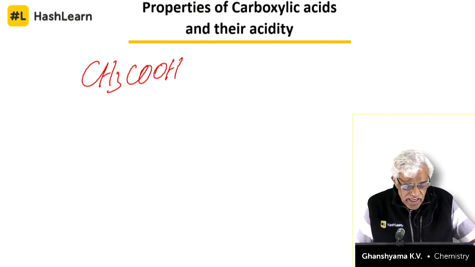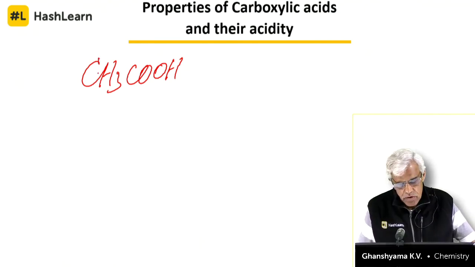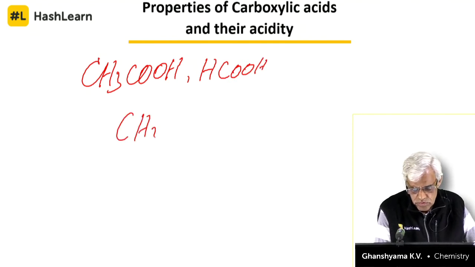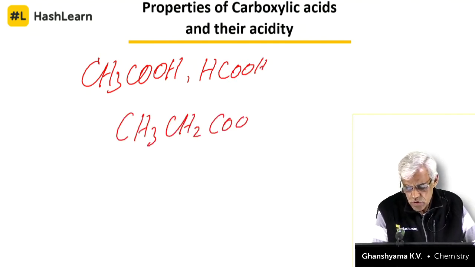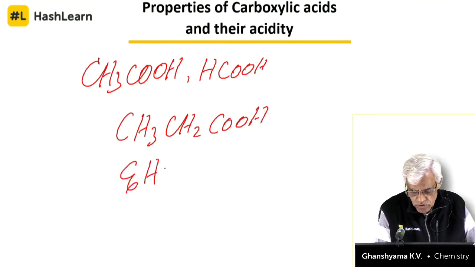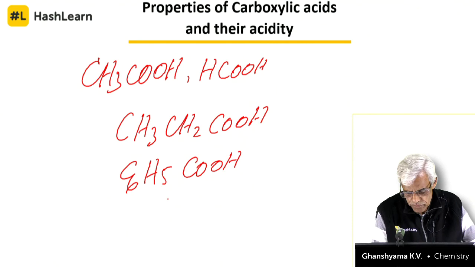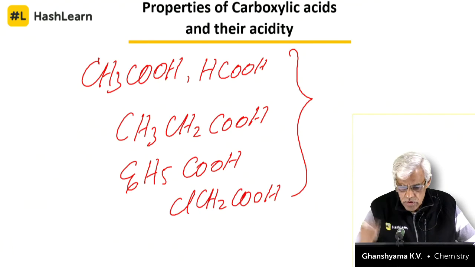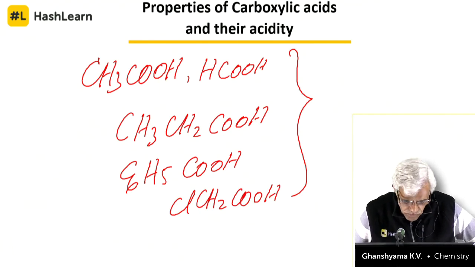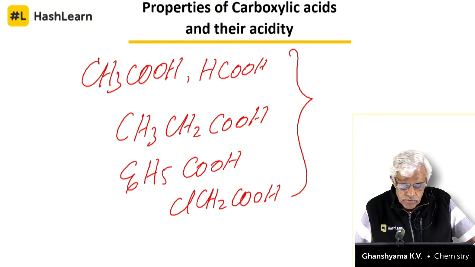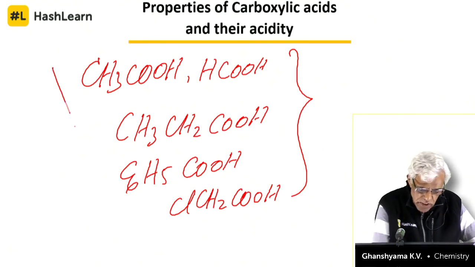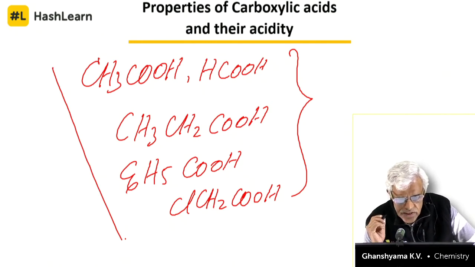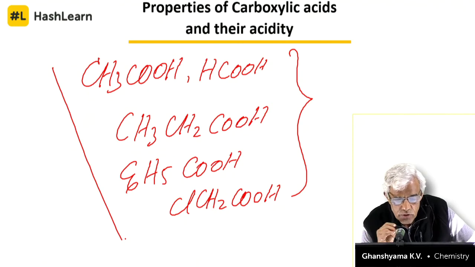Take acetic acid, formic acid, CH3CH2COOH, C6H5COOH, ClCH2COOH. We have to decide which one is a stronger acid than the other, or which is the strongest acid out of these. All are weak acids. Which is the strongest acid? That we have to discuss.